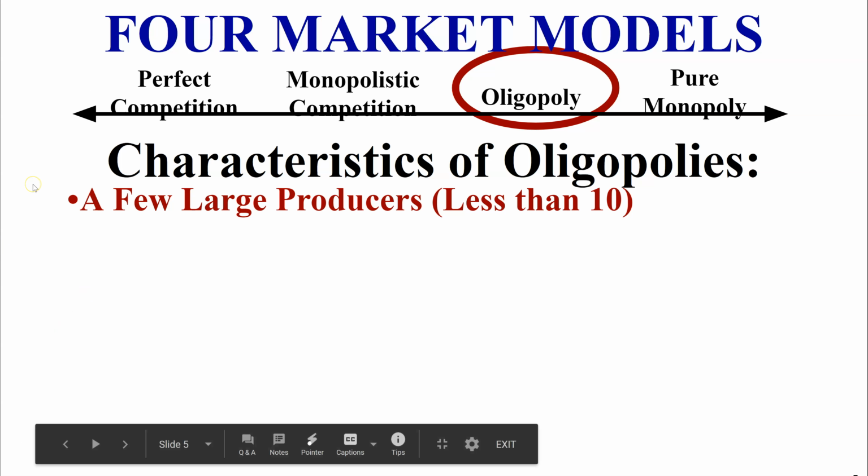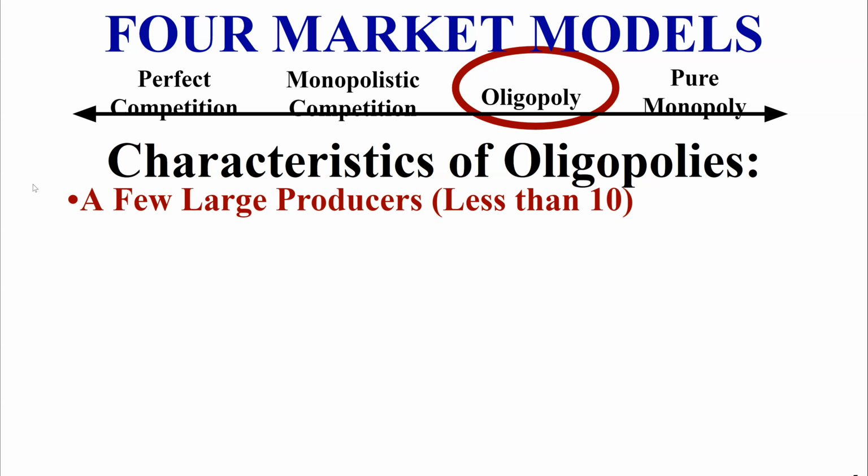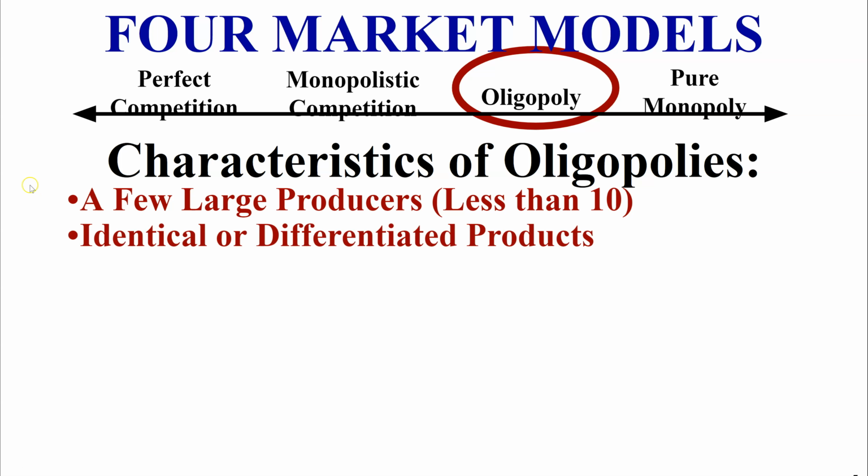The idea is a small group of individuals that are kind of controlling the market. They have market power here. Their products can be differentiated or can be identical. Doesn't matter. But the idea is they have market power. And they're not the only one, or they'd be a monopoly, a pure monopoly. But there are a small number of organizations, of businesses or corporations that have this.